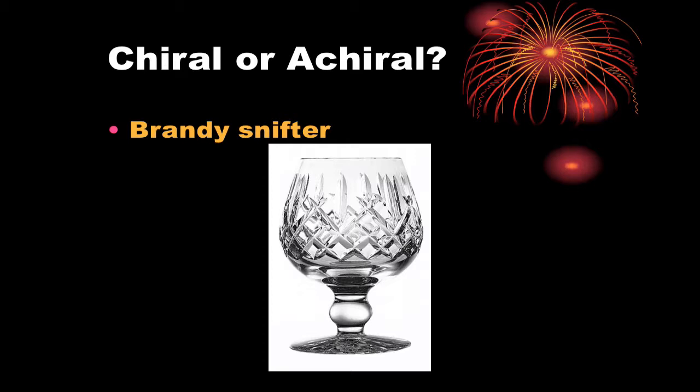In fact, it has a mirror plane of symmetry that runs right through the middle of it. Mirror planes of symmetry must be absent in molecules or objects for them to be chiral. Okay? A Brandy Snifter is an achiral object. You can take one Brandy Snifter, another Brandy Snifter, and you could, in theory, overlay them. Physically you can't, but if you imagine doing it virtually, you could overlay one on the other and they would become an identical object. Okay?